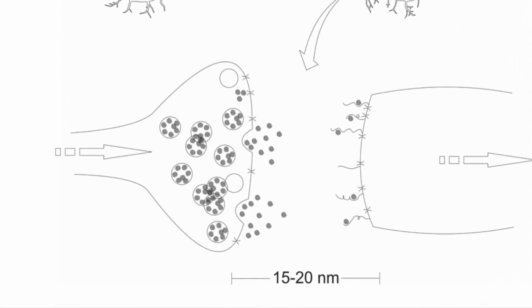On the left side of this figure, you can see the vesicles, which are drawn as large circles filled with black dots. The black dots represent the neurotransmitter that they hold. When the action potential reaches the end of the axon, it causes calcium to be released, which causes the vesicles to get pushed against the inside of the cell membrane.